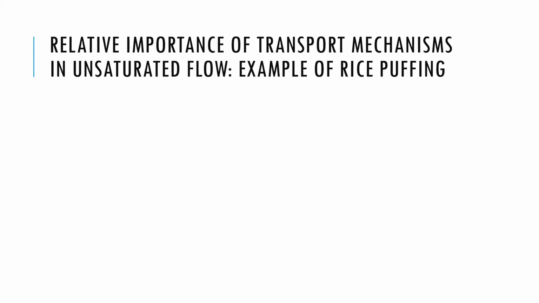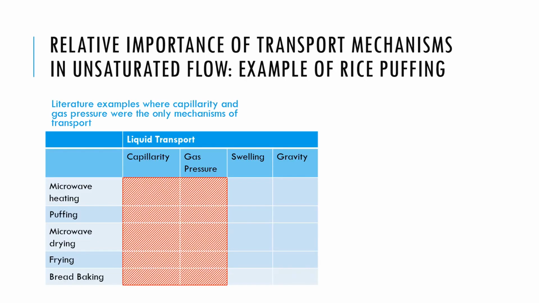So even if we have those two mechanisms, gas pressure and capillarity, it's nice to have some idea of the relative importance of those two transport mechanisms. These kinds of information are hard to come by. So from the literature, we could locate several research studies where this capillarity and gas pressure is included.